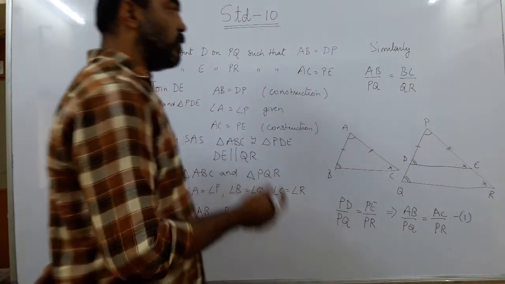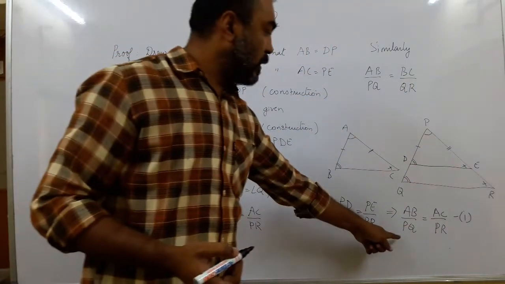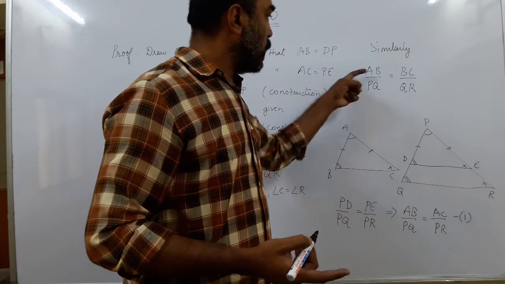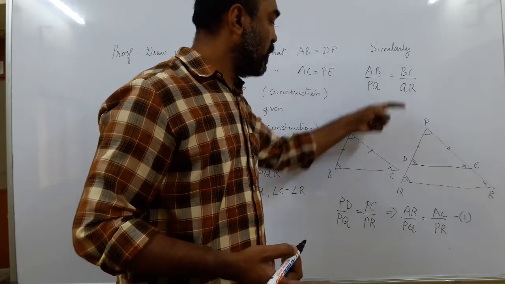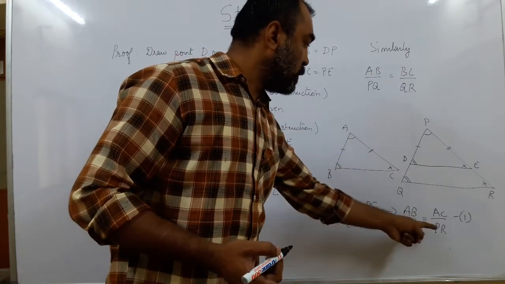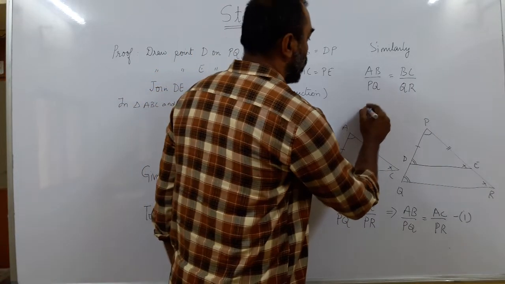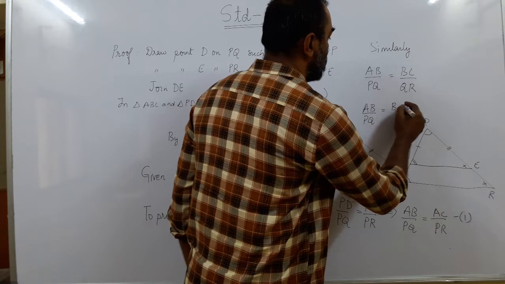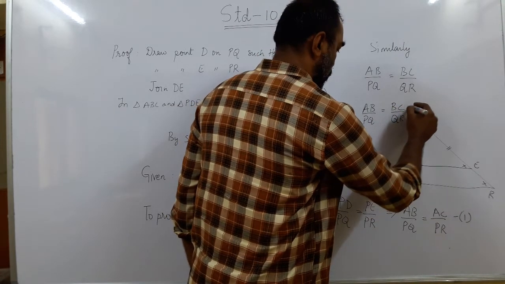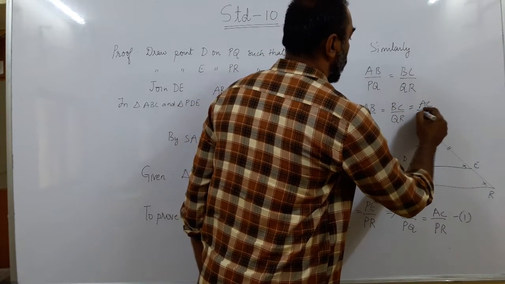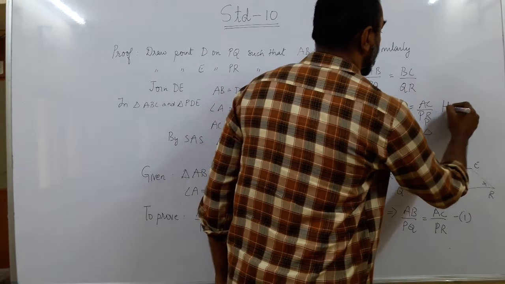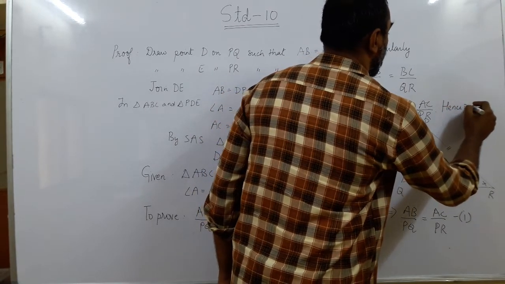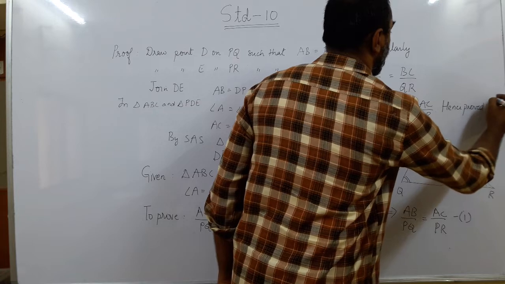If you go further, you will get it, but we are not supposed to do it. We did one, and you can write similarly we get this. So AB upon PQ equal to BC upon QR, AB upon PQ equal to AC upon PR. And therefore, AB upon PQ equal to BC upon QR equal to AC upon PR. Hence proved. Yes? So the theorem is proved.